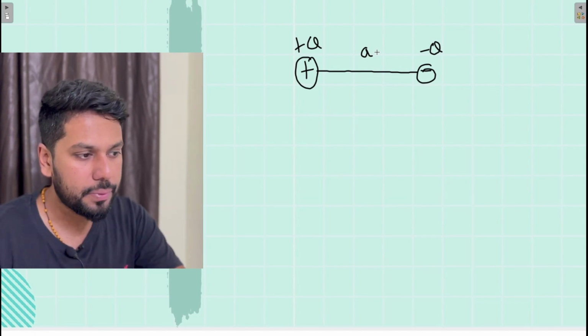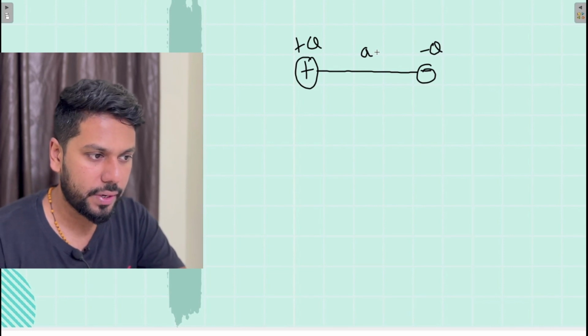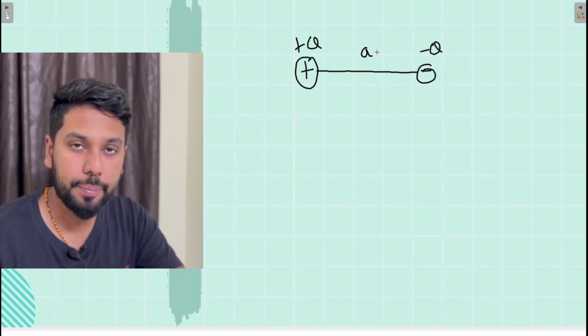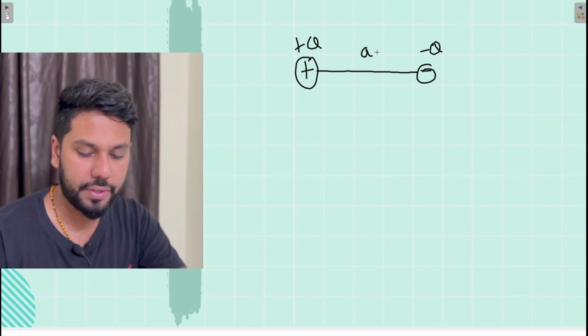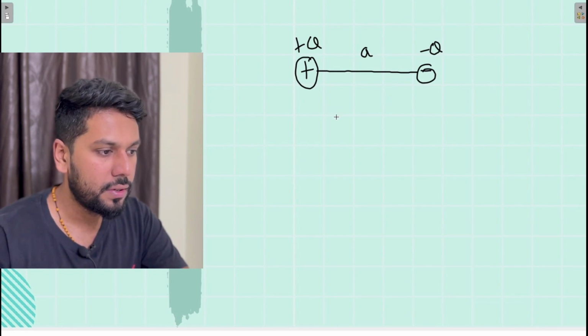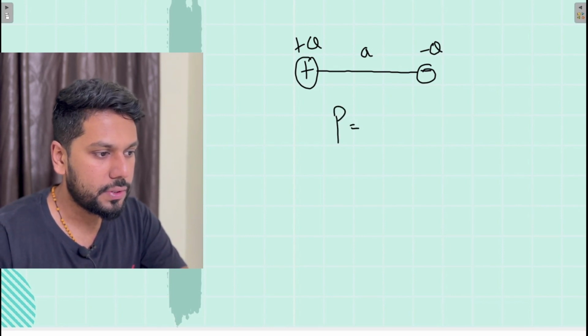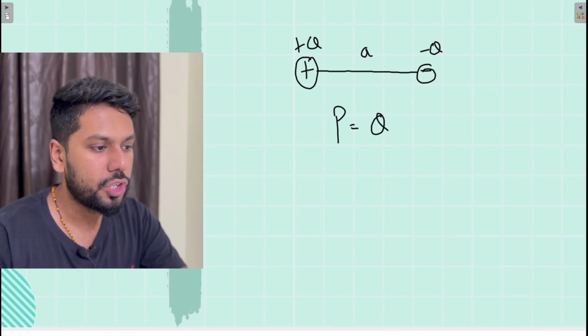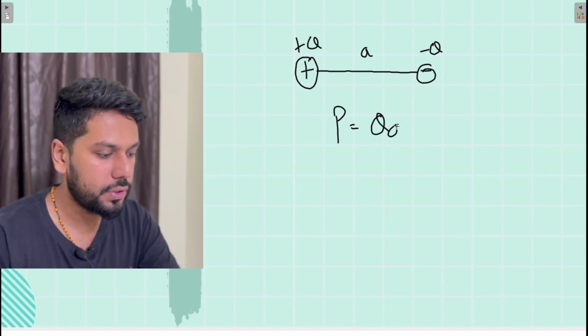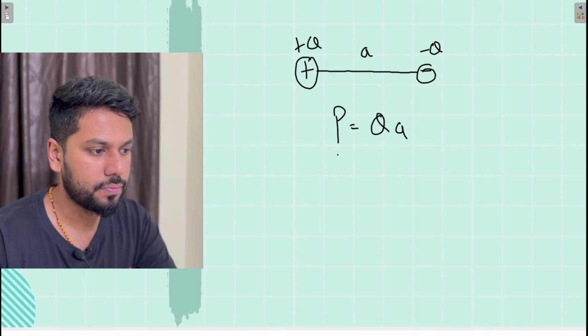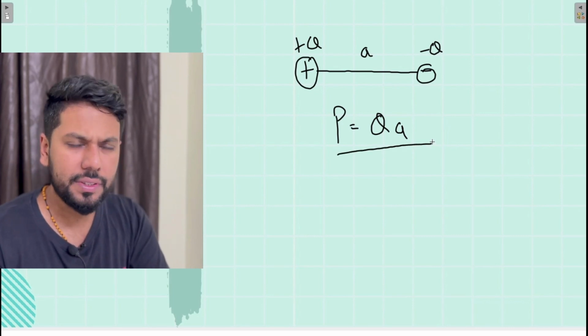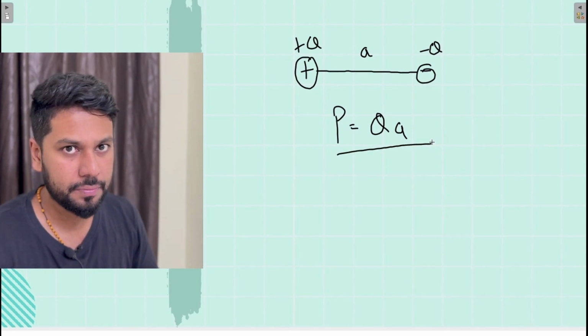Now any dipole has a dipole moment, right? And there is a value of dipole moment given. That is, dipole moment is equal to charge into the distance between them. You must have seen this in a different form in your textbook.